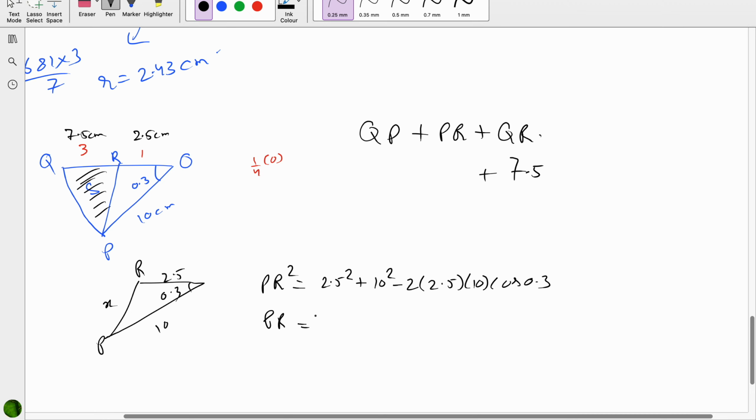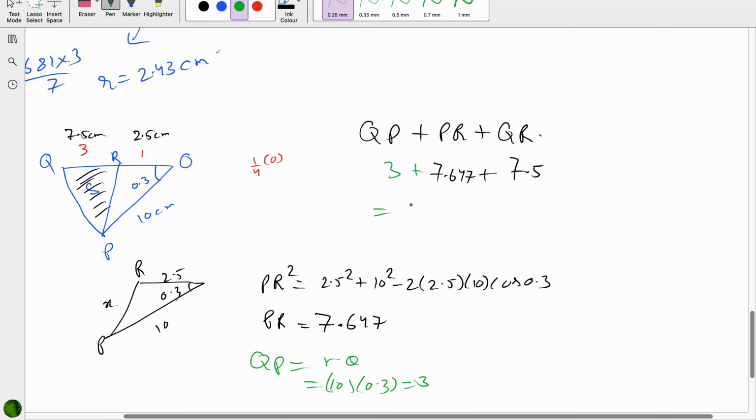Square root of 58 is 7.647. Now for QP, that is arc length. So QP is equal to r theta, where radius is 10 and theta is 0.3, leaving an answer of 3.